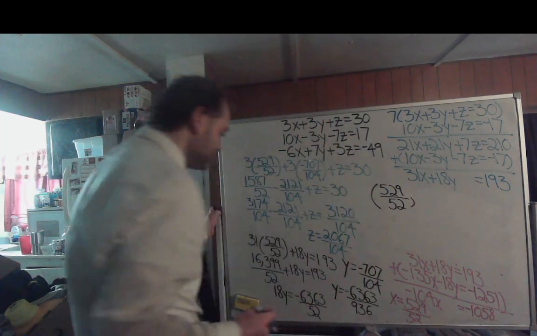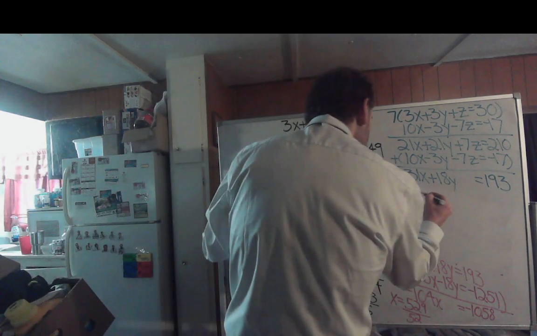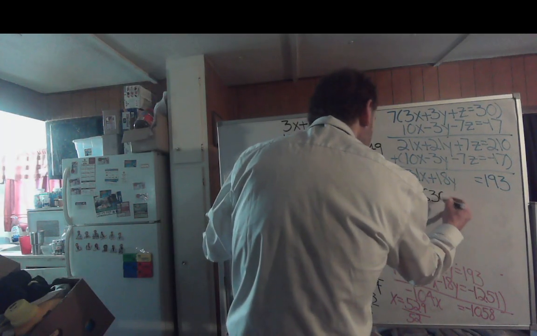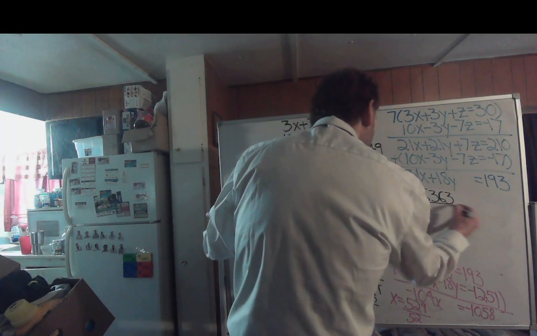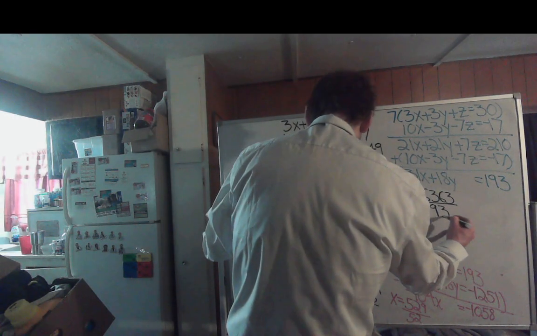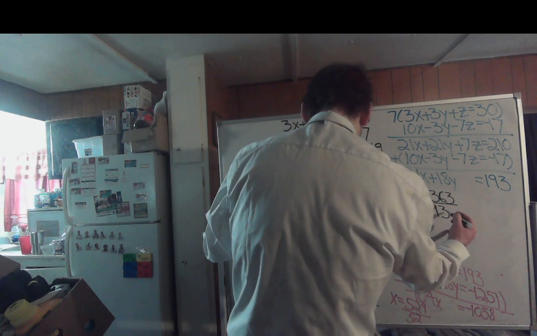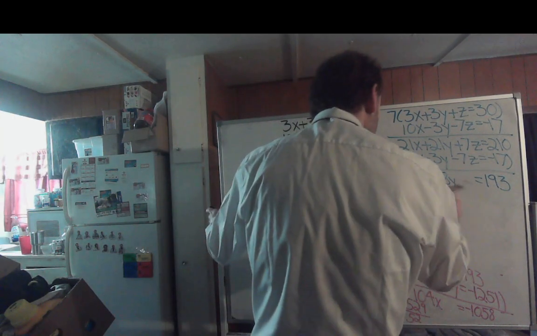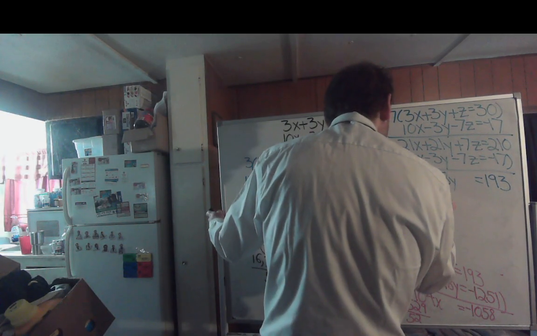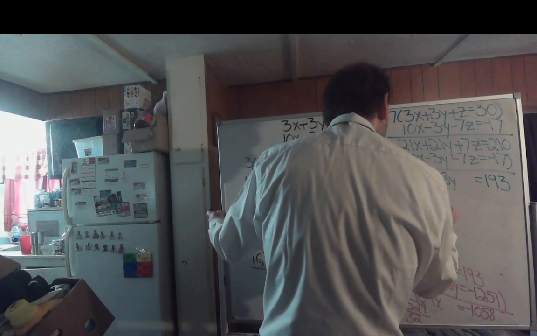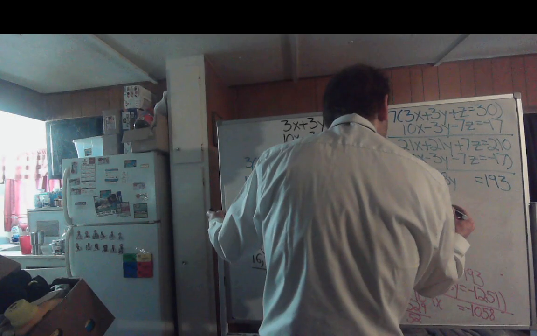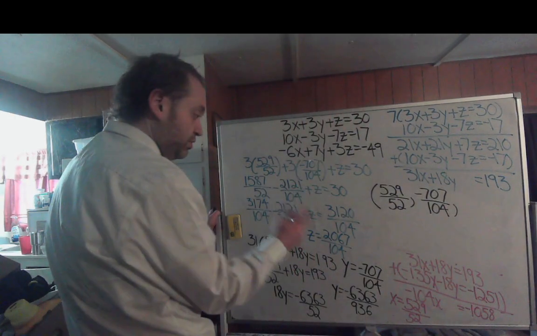Your y is going to be the awful negative 6,363 over 936. No, it's not. It's going to be negative 707 over 104. I was looking at the wrong line. I forgot I had simplified it. Negative 707 over 104.